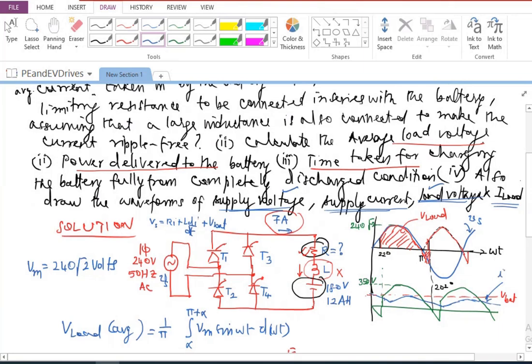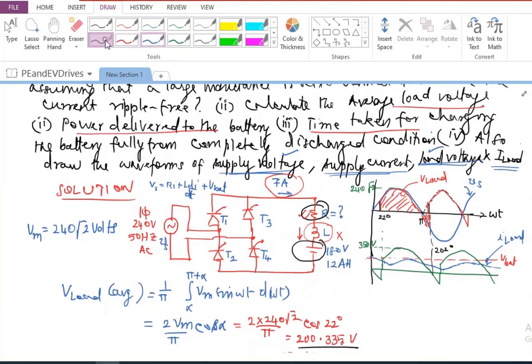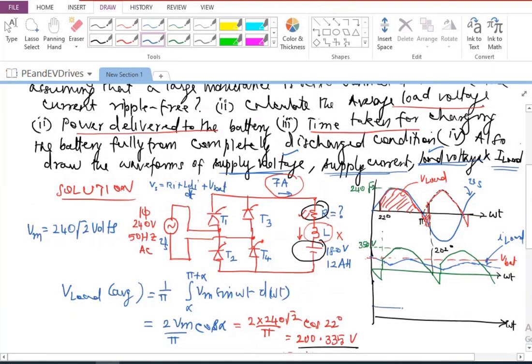This is going to be I load. But what is written is the current is ripple free. So approximately we can draw the current to be, if I say this is omega t, somewhat ripple free. So I can draw it like this. This is how the current is going to be. So this is I load.